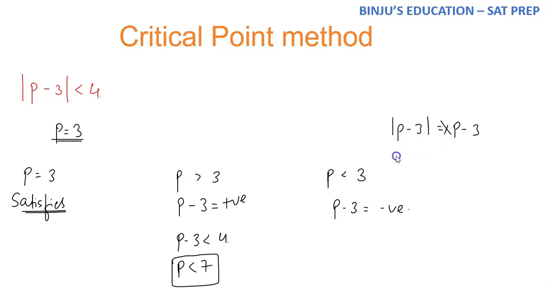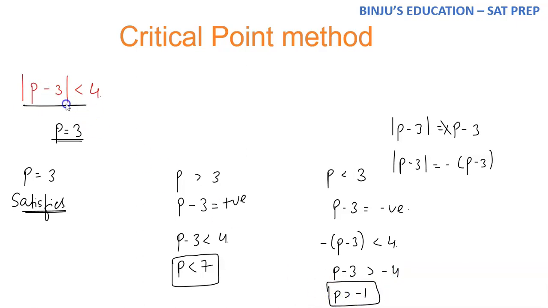So I'm going to open this modulus as minus of p minus 3. This will become minus of p minus 3 is less than 4. Now multiply both sides by negative, and the sign of inequality will change. You will have p minus 3 is greater than minus 4, and you will have p is greater than minus 1.